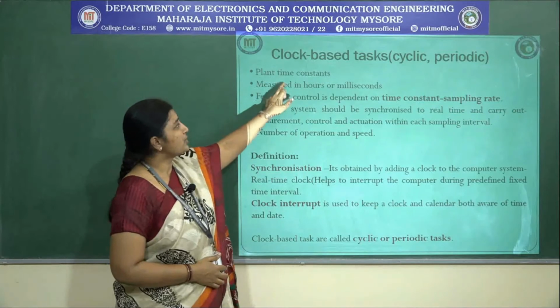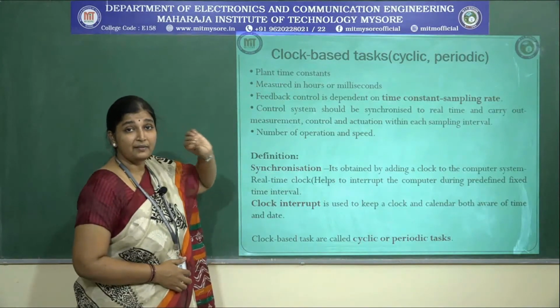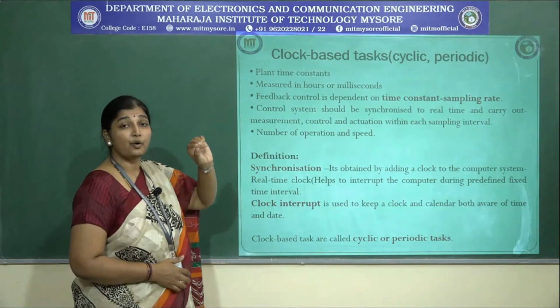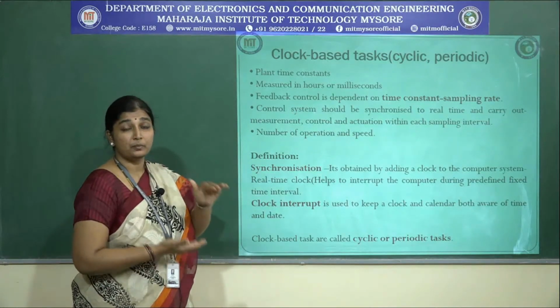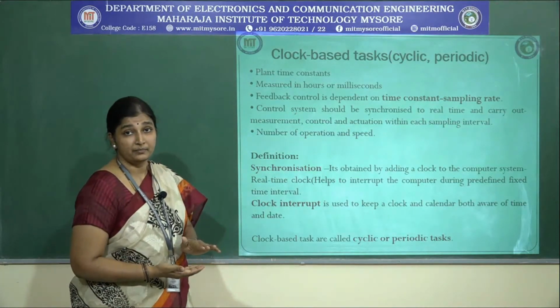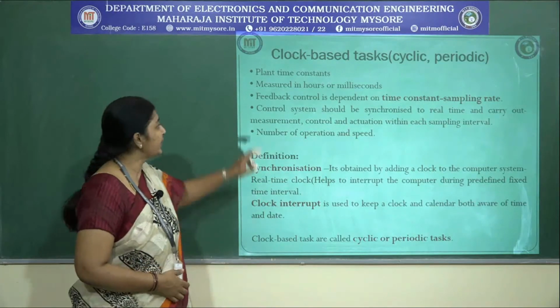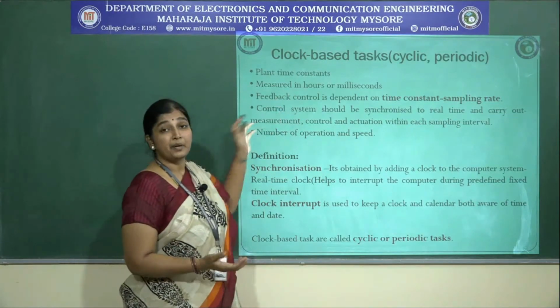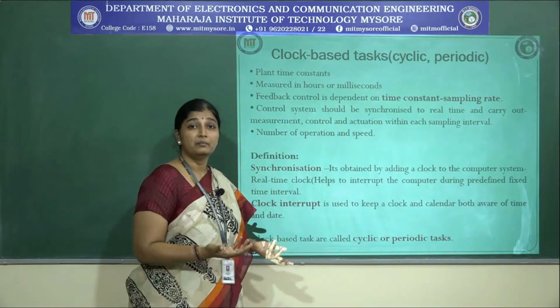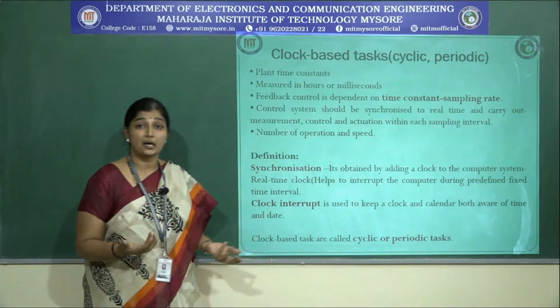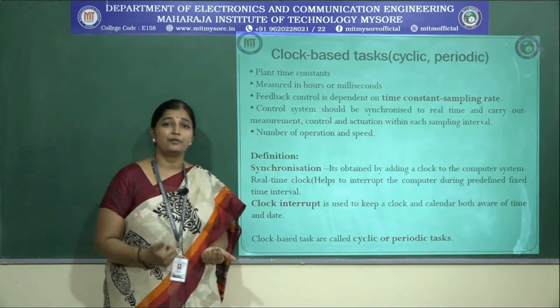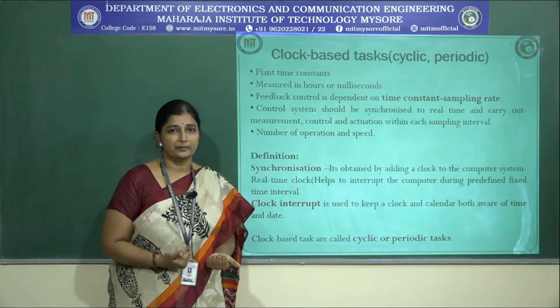So the plant time constant is very, very vital, important information to judge the performance of your computer, or the control system, or any system for that matter, right? It can be measured either in hours or in milliseconds. What do you mean by that? For example, take a chemical processing unit.